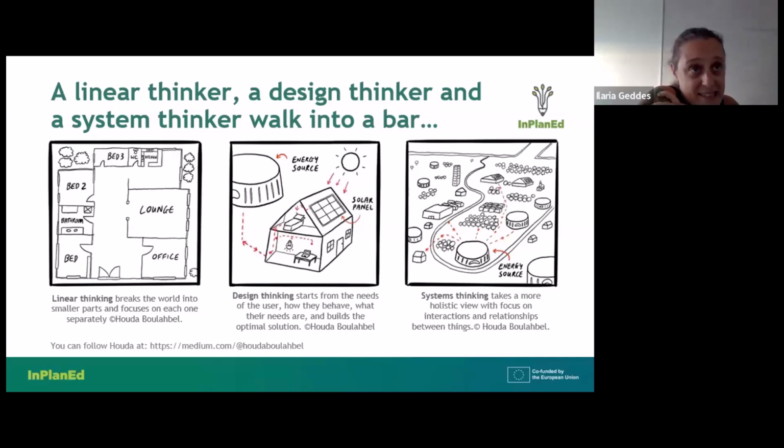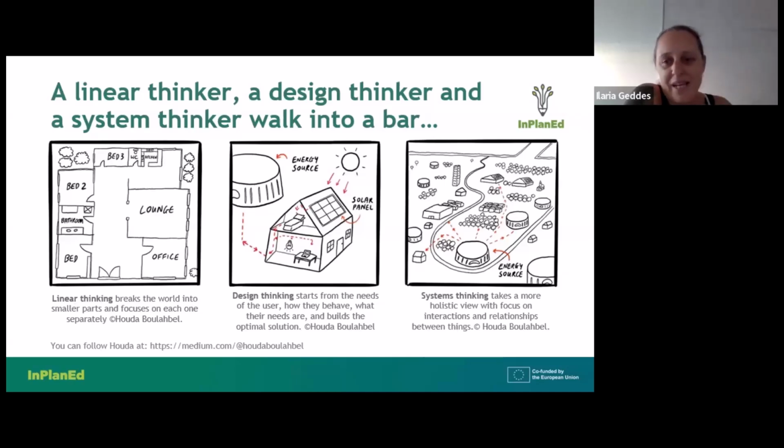But I guess really there needs to be a balance between all these things when you're designing or building a house. So if you pick a linear thinker, then you might get stuck in the details of things and miss the bigger picture, and then end up with a very low energy efficient home.